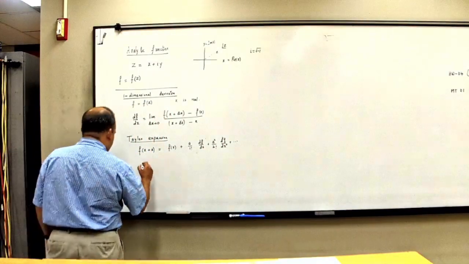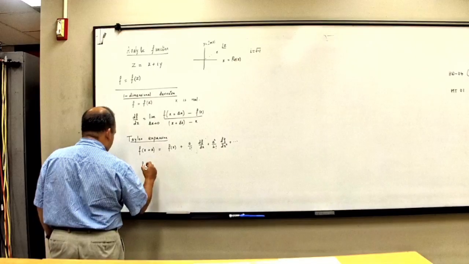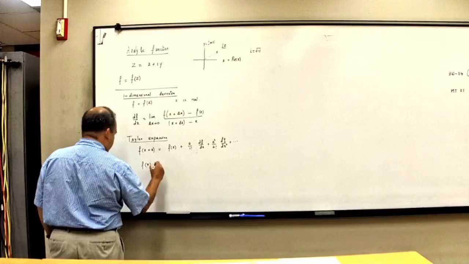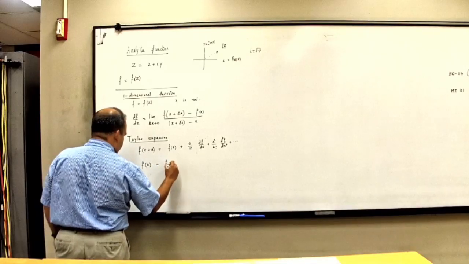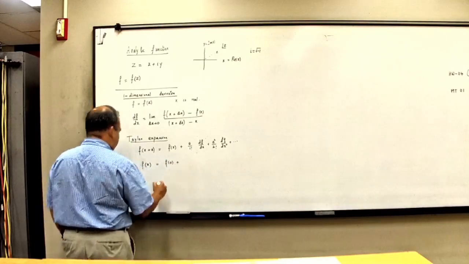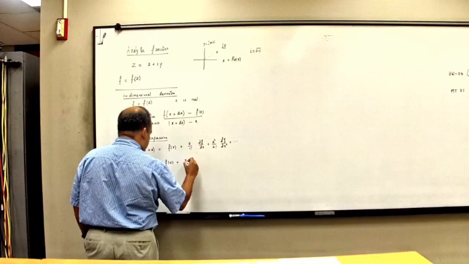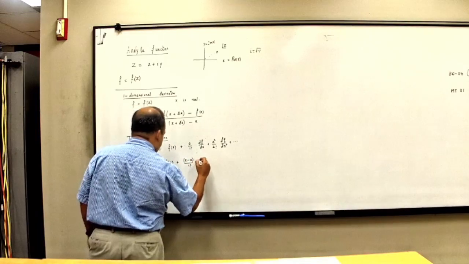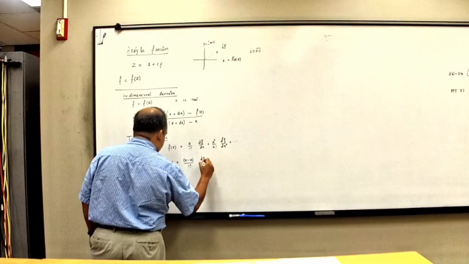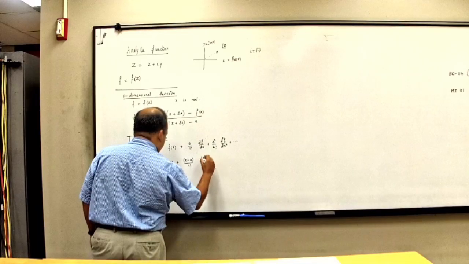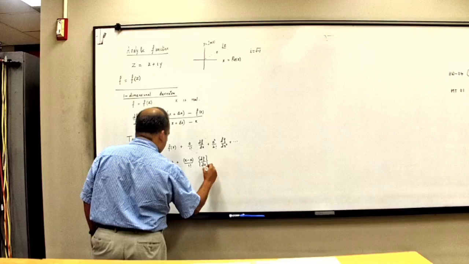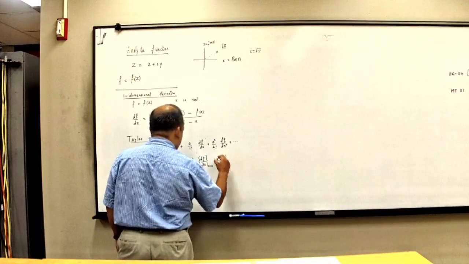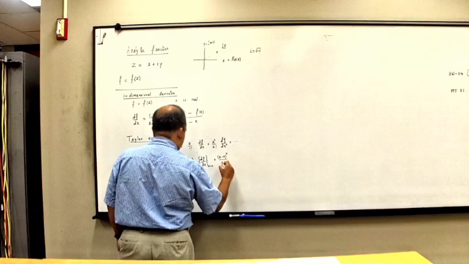Sometimes you also write this as f of x around a point a will be f of a plus x minus a over 1 factorial, and then derivative of f with respect to x at x equal to a, plus x minus a the whole square over 2 factorial.